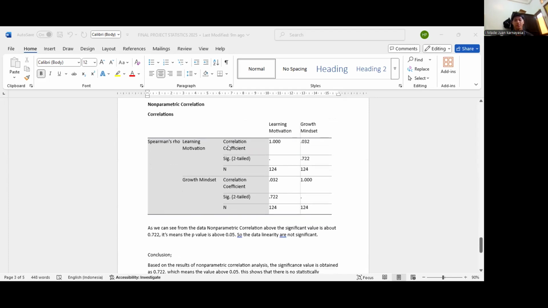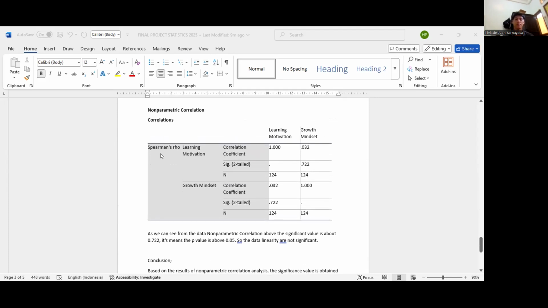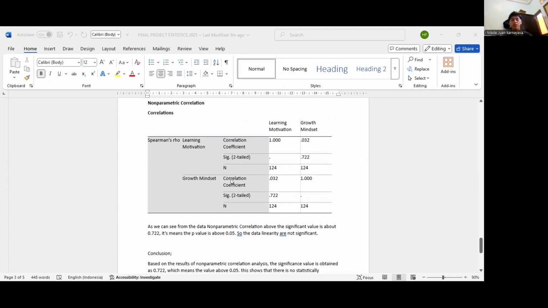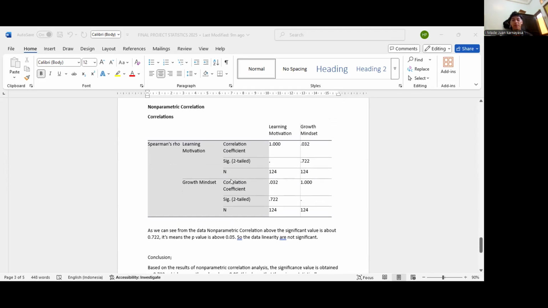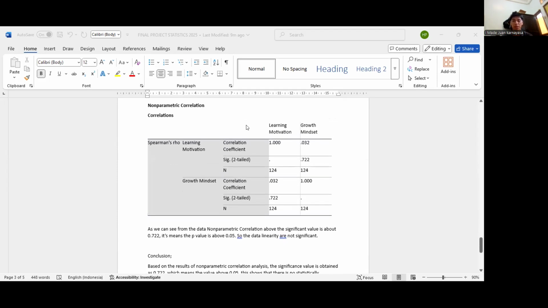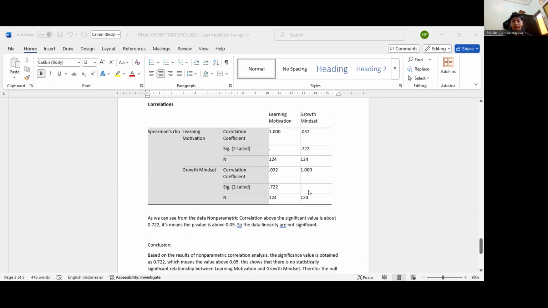This is Spearman's rho. As we can see from the data above, in the non-parametric correlation, the Spearman rho, the significant value is above 0.05.